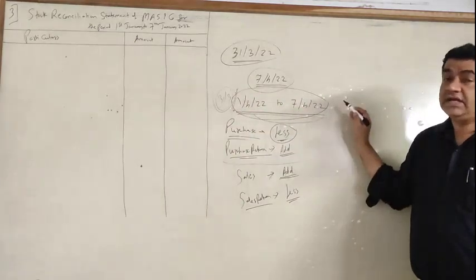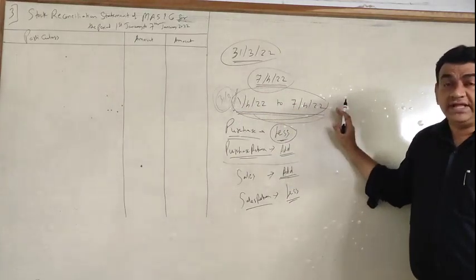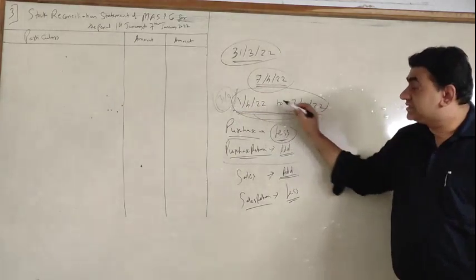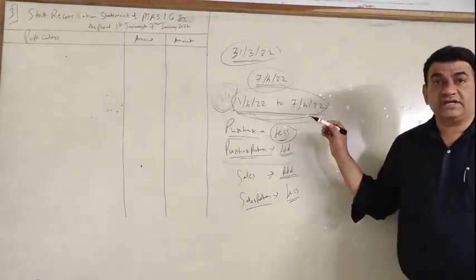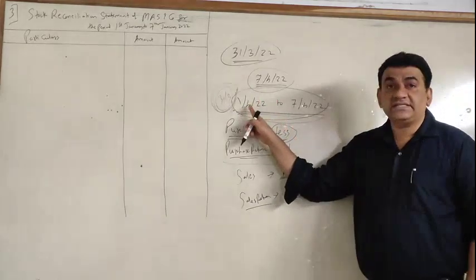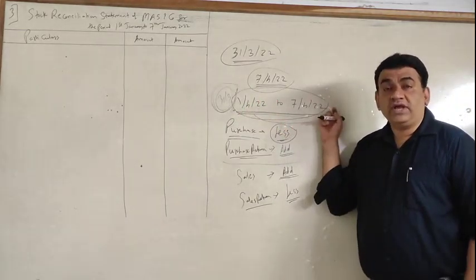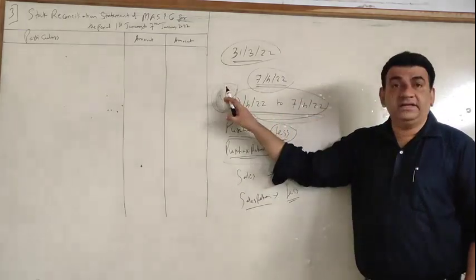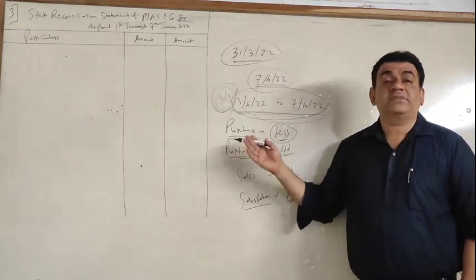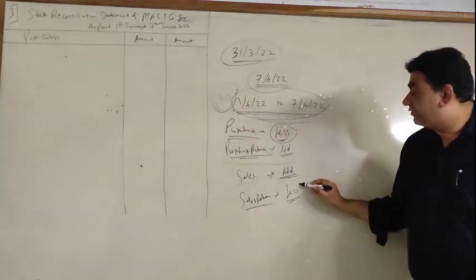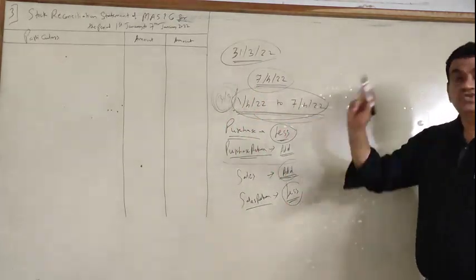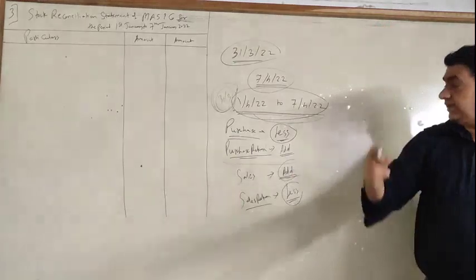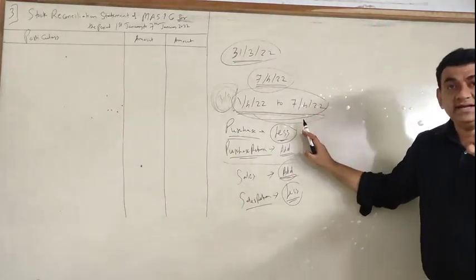So जो 7th April का stock होगा, उसमें वो included है. I don't want this. I want my stock on 31st March. This sales return has come in this period. The stock includes that because it has come back from the customer. But it is not a part of 31st March ka transaction. Therefore, I will less.